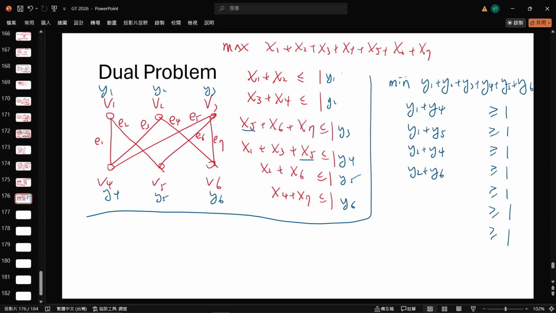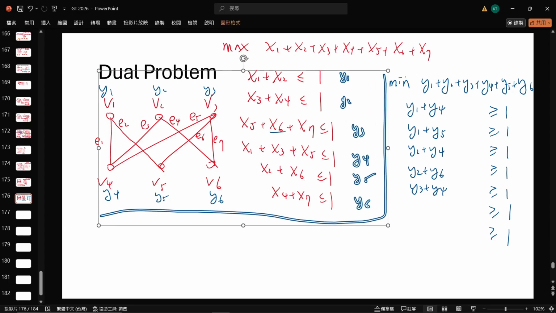All right, so next x5. The coefficient of x5 is y3 plus y4. So these are the two endpoints of the fifth edge. Next, x6.